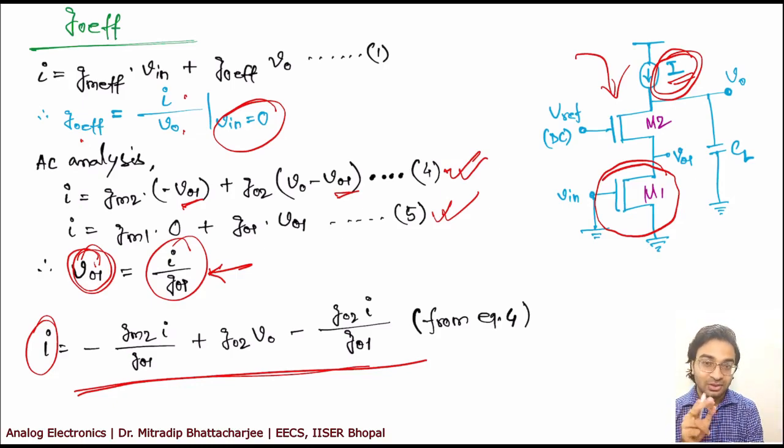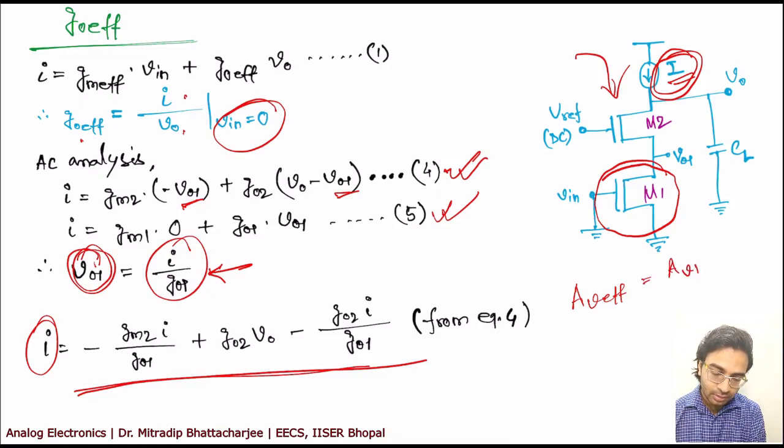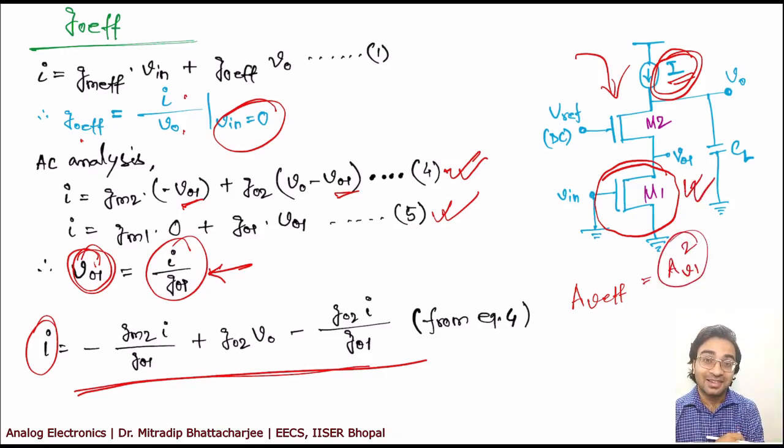However, just now we have seen that the effective gain is now square of this gain, increased like anything without losing bandwidth. Previously there was a figure of merit, gain bandwidth product should be constant. So if you increase your gain, you definitely will lose your bandwidth.